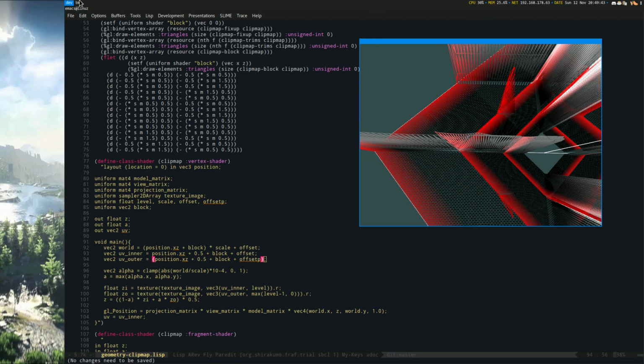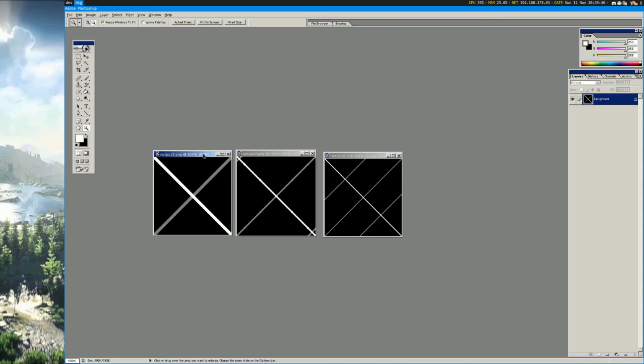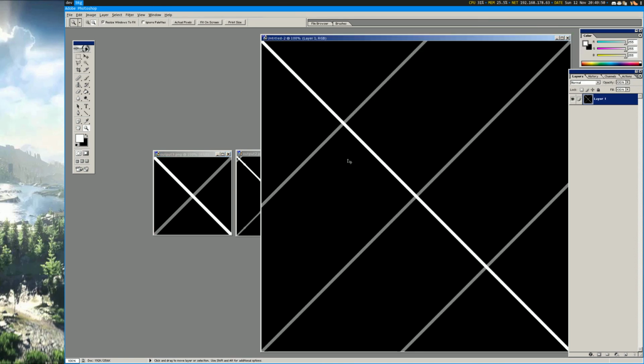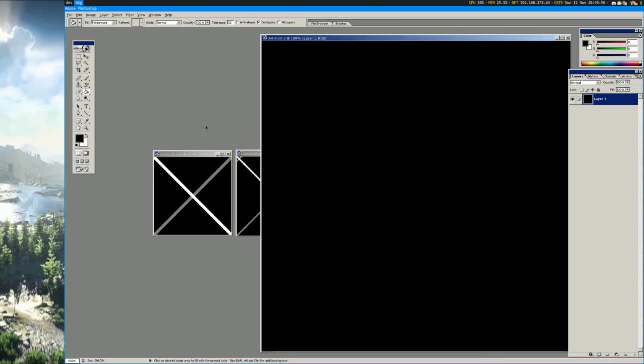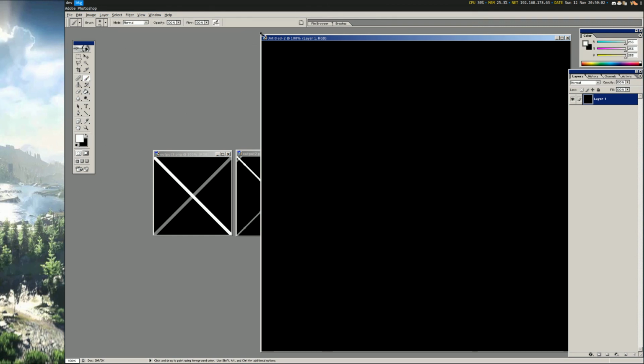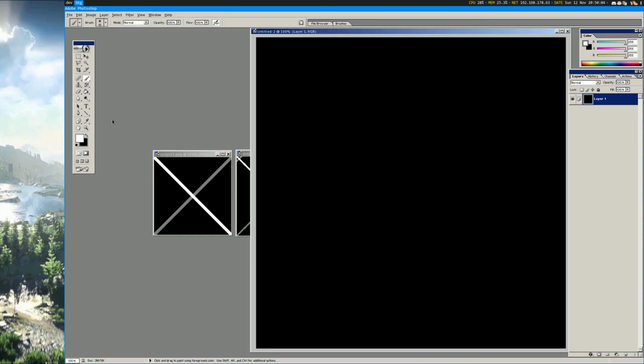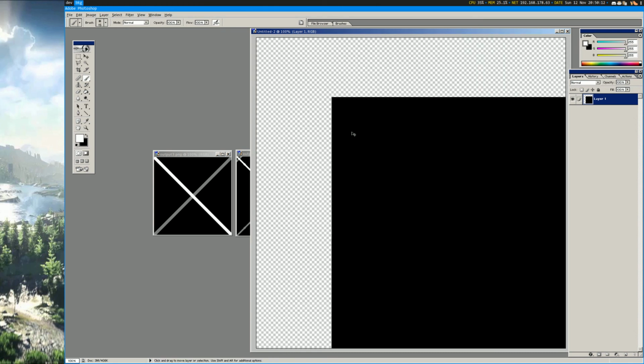Maybe I should create an example that's less crazy. Let's do that. Can I make a line with the brush? Sort of. Only like that.